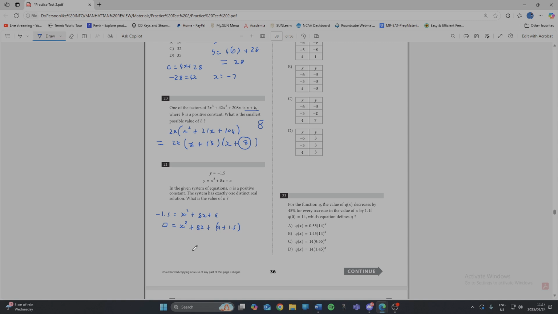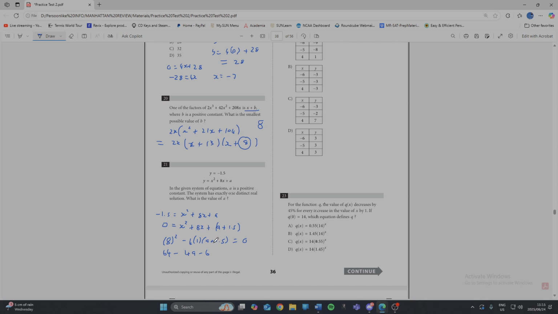So now we can use our b squared minus 4ac, so b is equal to 8, so it would be 8 squared minus 4 times a is 1, and then c is a plus 1.5, and this would have to be equal to 0 because of our condition. If we multiply this out, we're left with 64 minus 4a minus 6, right?